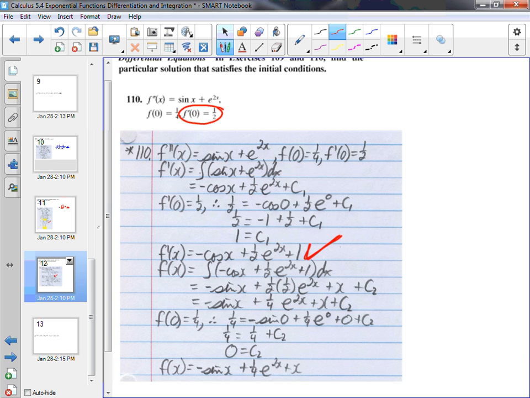Once you have the general solution for f, use the conditions they tell you about f, that f of 0 equals 1/4, to get the particular solution for f. Okay? So, general solution for f prime, then particular solution for f prime. General solution for f, then particular solution for f.